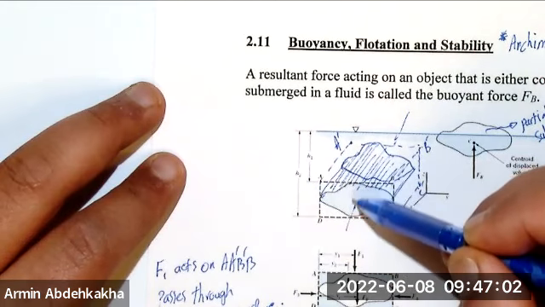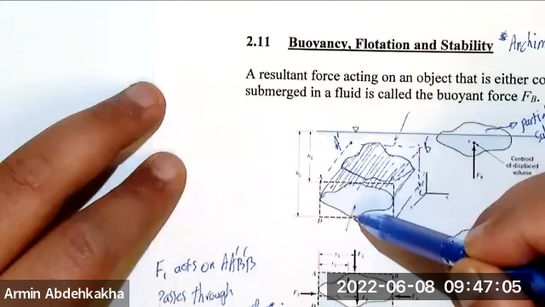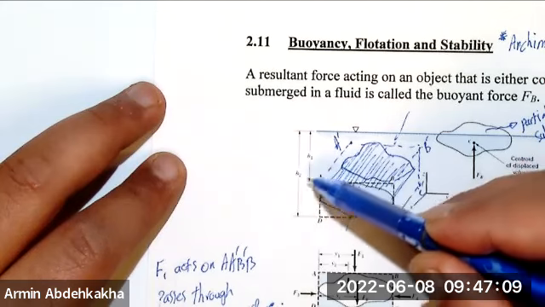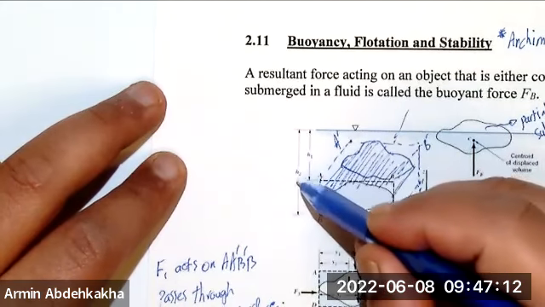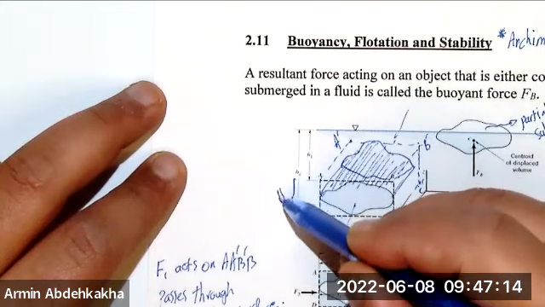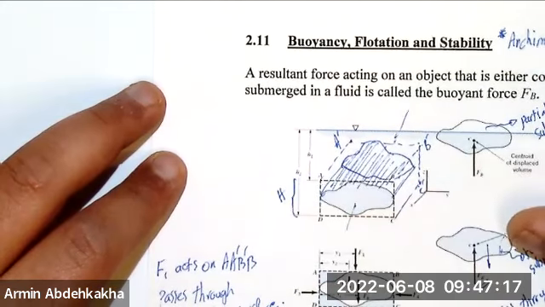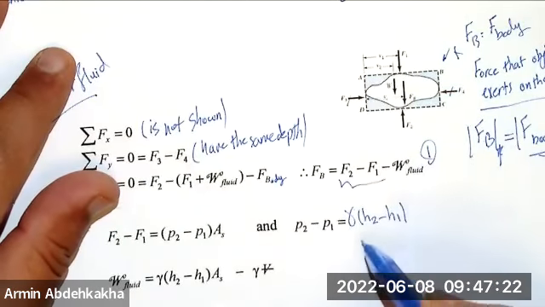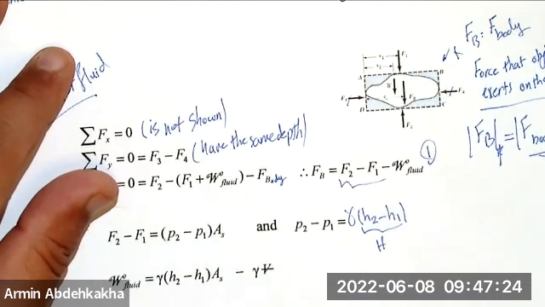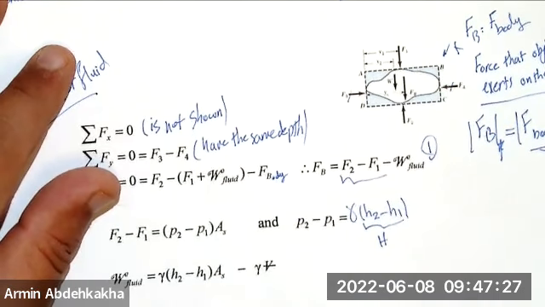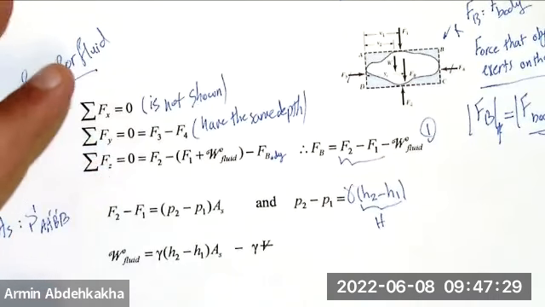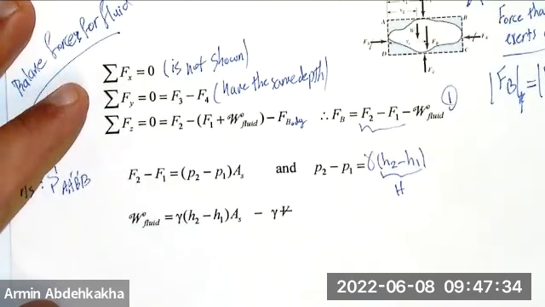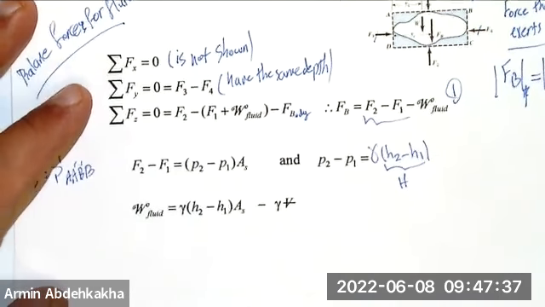Delta P between these two surfaces that gives you the net force is P2 minus P1 equal to gamma times H2 minus H1. If I write that this is H, capital H, then gamma times H2 minus H1 is gamma H. Okay, perfect. We have P2 minus P1, and if multiplied by AS, we can find the forces.